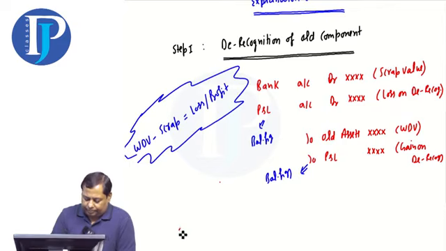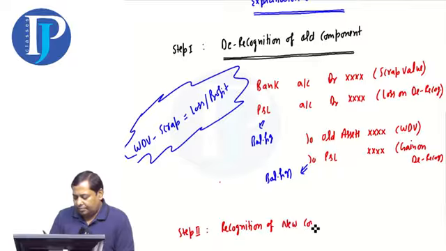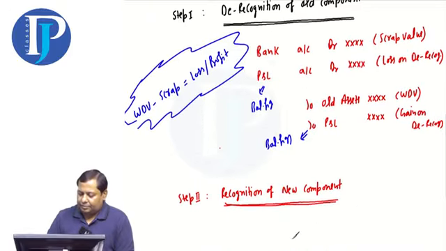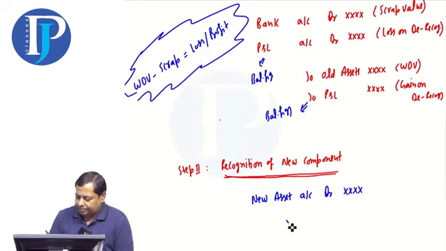Write in the second step: recognition of new assets and new components. How will the recognition of the new component come about? We will pass the entry: new asset account debit to bank.